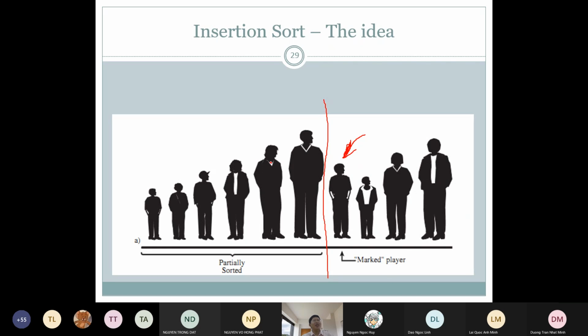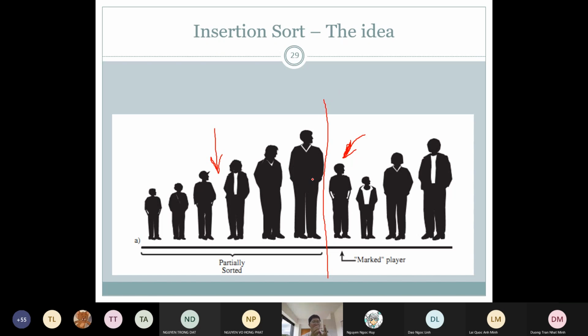On average, we just need to go through half of the sorted array here and find the correct position for this guy. Maybe this guy, we put it here. Means that we don't have to move around a lot. We don't have to compare to all of the elements. We just compare some of them. Okay, that is the idea.